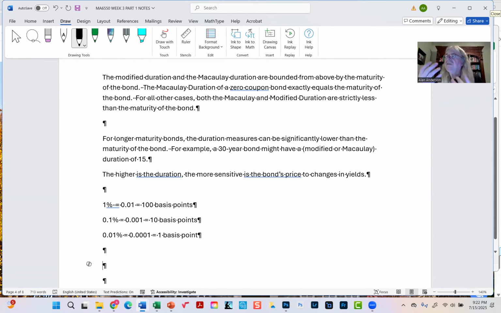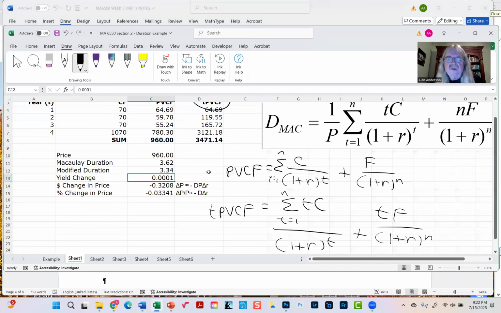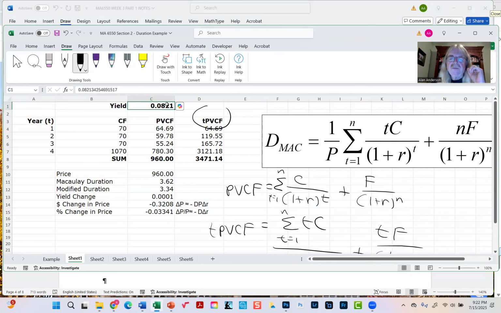And of course, that's because using percentages can be very ambiguous. Basis points are not ambiguous. You know exactly what's meant. So here, in this example, what I've done is I said, listen, what would happen to this bond if the yield goes up by 1 basis point?